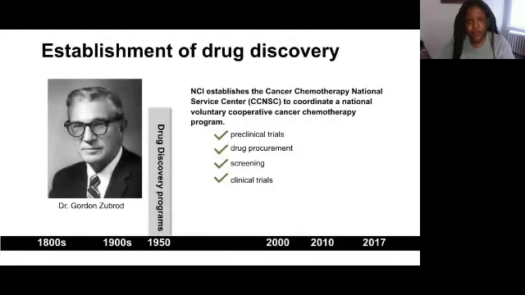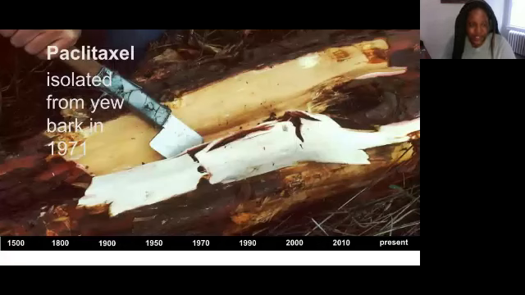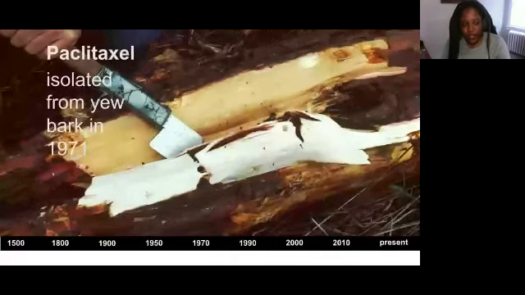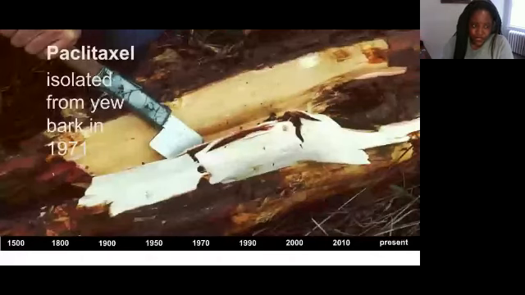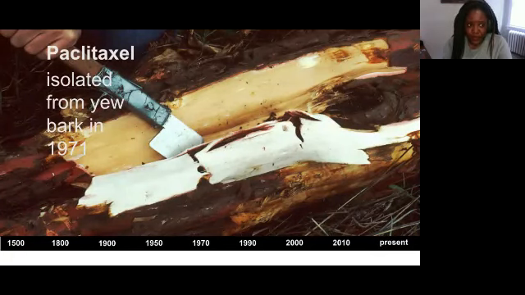This is really the framework for clinical trials and preclinical drug development that we started in the 60s. And even then, we were still just taking natural products like paclitaxel, which is found in yew bark and is actually a frontline chemotherapy drug for many cancers, still used today.